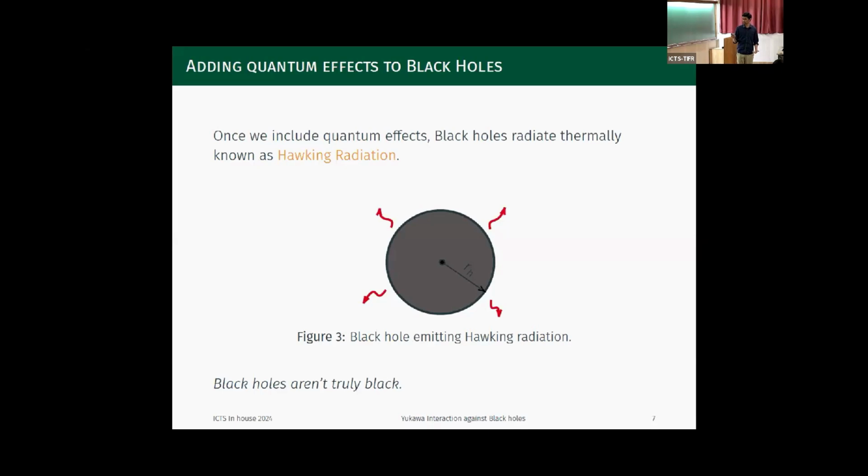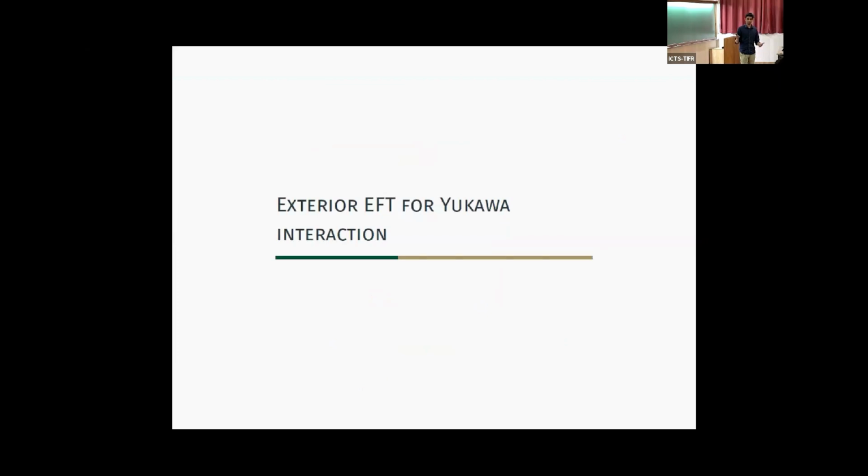And this was classical black holes. In classical black holes, nothing escapes from the horizon. But once you include quantum effects, it actually radiates, and the radiation is called Hawking radiation. So strictly speaking, black holes are not really black, because once you add quantum effects, they radiate according to a certain temperature.